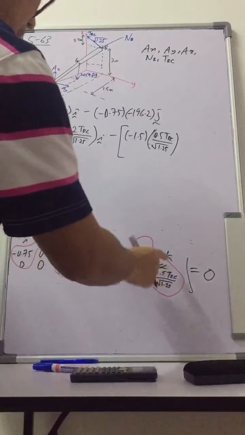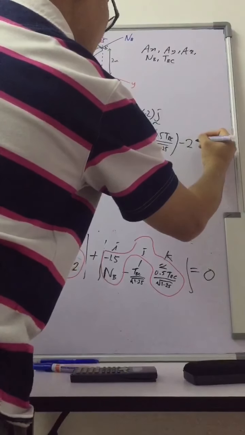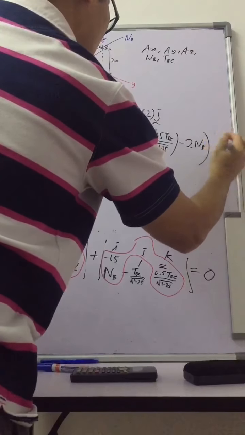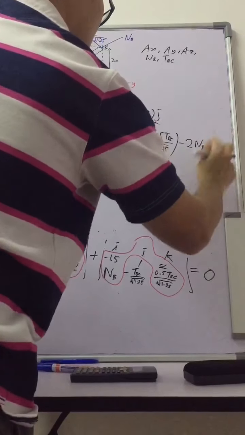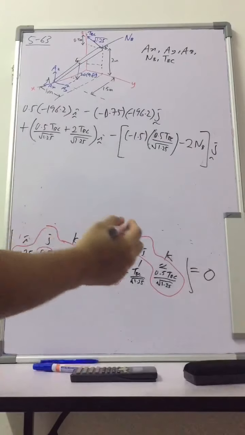Okay, this times this and minus these two, minus 2 NB, right? J minus 2 NB.